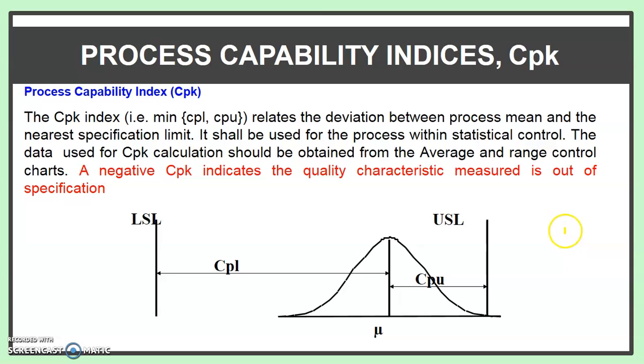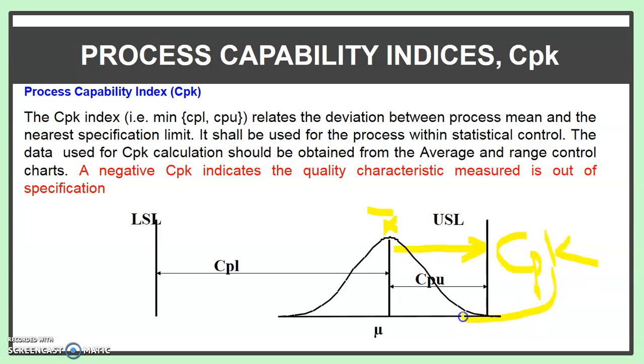This graph clearly represents the CPK. That means how far the mean of your process, the mean of the product you produce, is from the specification limit. We call it CPK.